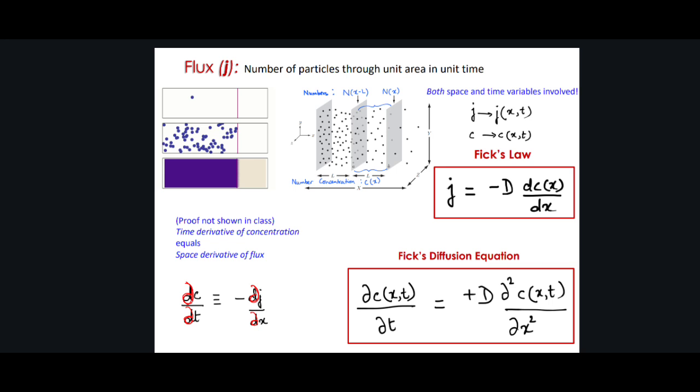Now the good thing is, you see there's a second derivative of concentration. Can anybody remind me when I do a second derivative in space, what is it usually referred to? You find the maxima and minima, but also the first derivative is slope.